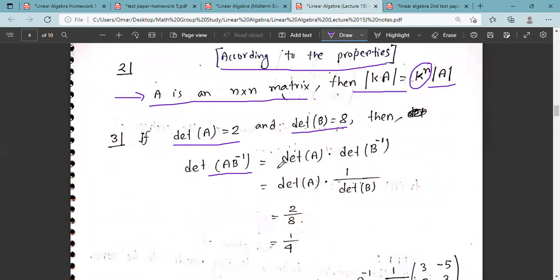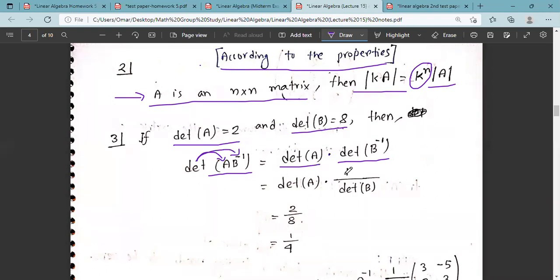So from the formula, it will be the determinant of A multiplied by the determinant of B inverse. You can just remember it this way: you multiply the determinant of A and the determinant of B inverse.